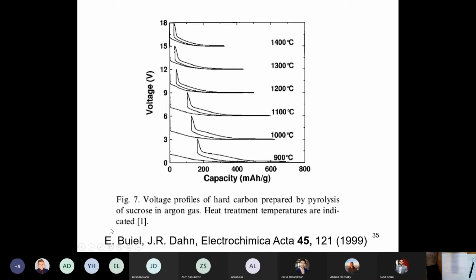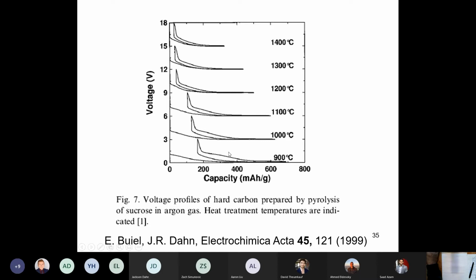Like I said before, Ed Buell, one of our students from about 1996 to 1999, did a lot of this work. What's happening here is you take a sample of sugar and heat it in argon at different temperatures and then measure the performance of the material.